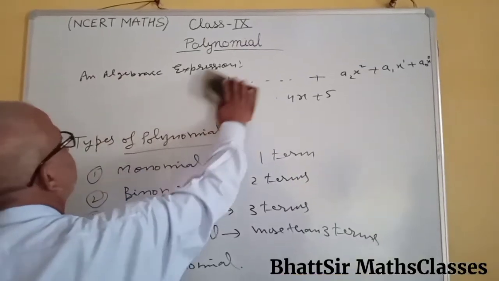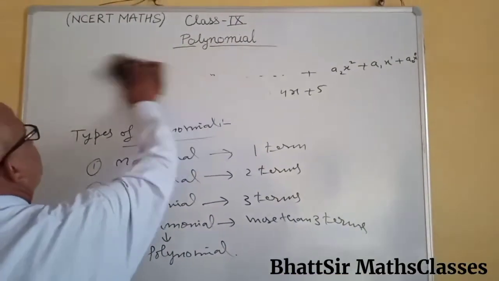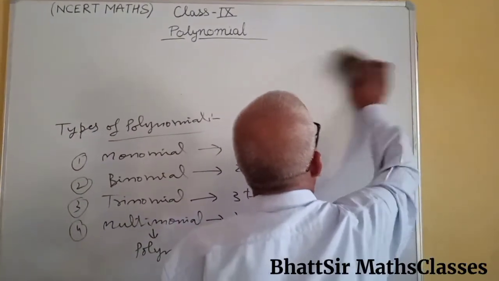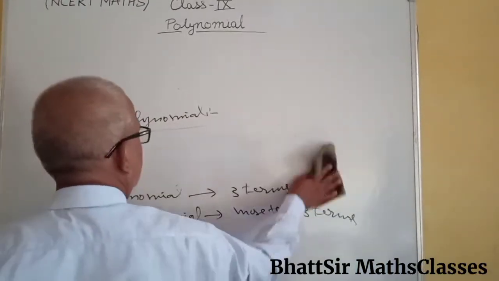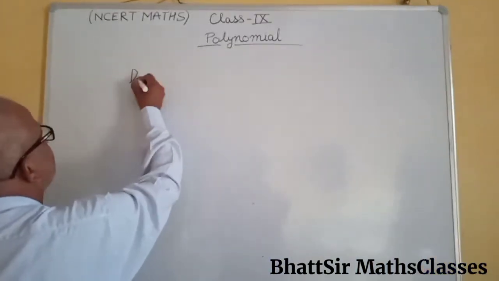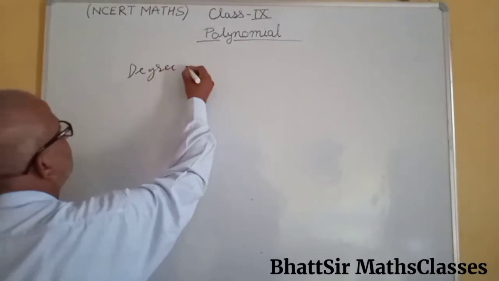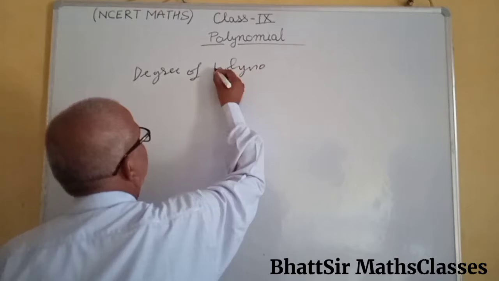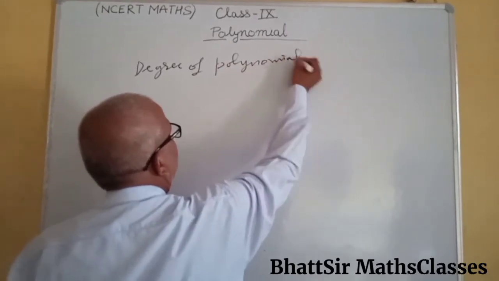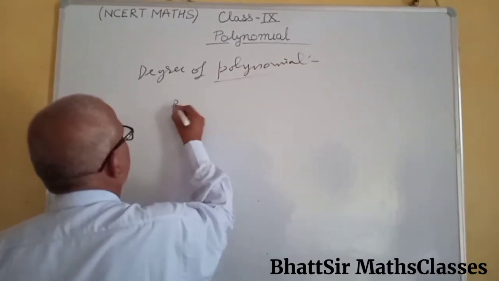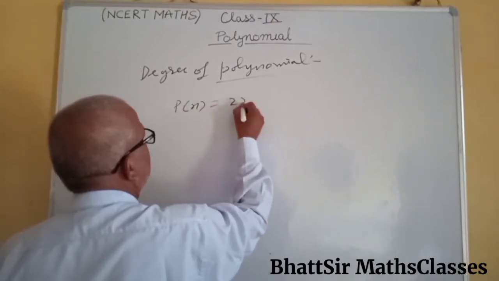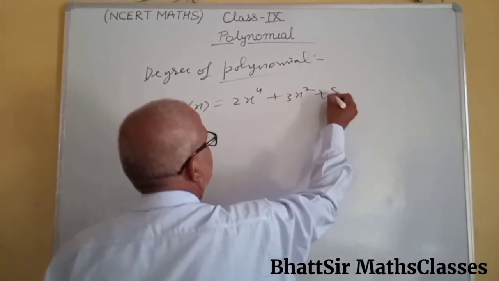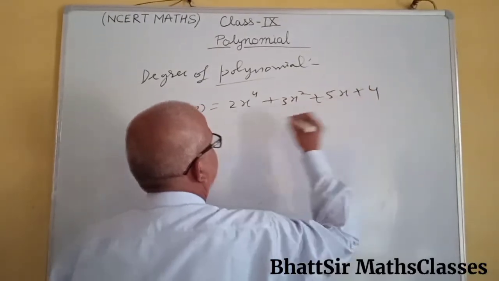So, degree of polynomial. p(x) equal to 2x^4 + 3x^2 + 5x + 4.